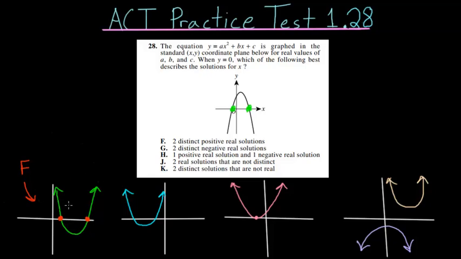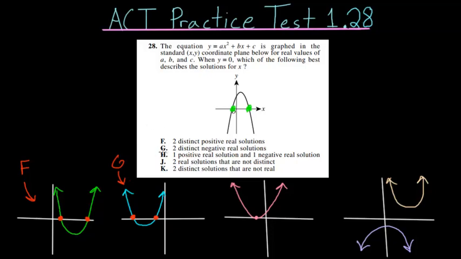So this is choice F, and then G is two distinct negative real solutions. So you can see that that would be this case right here, since we have two real solutions that are distinct, and they're both on the left side of the y-axis, making them negative. So this right here is choice G.